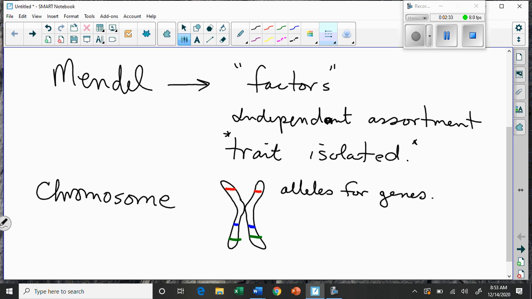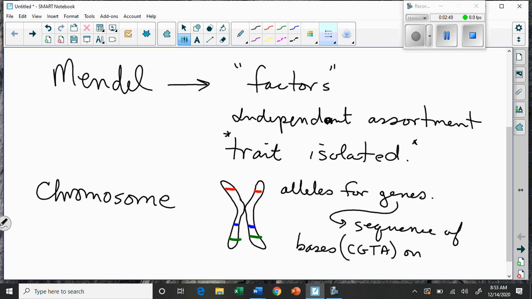And we know what a gene is now. The gene, of course, is a sequence of bases. Remember those bases, C, G, T, and A on the DNA molecule. So we now understand what that means.